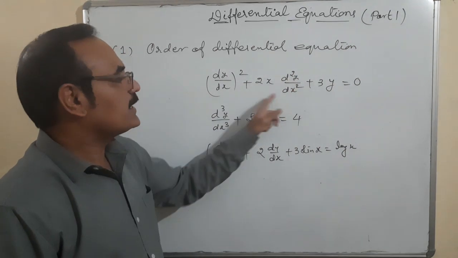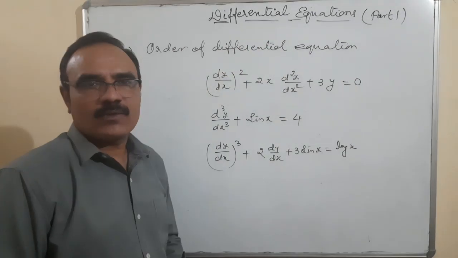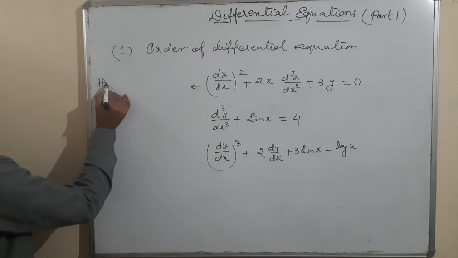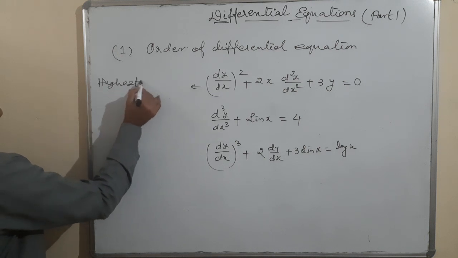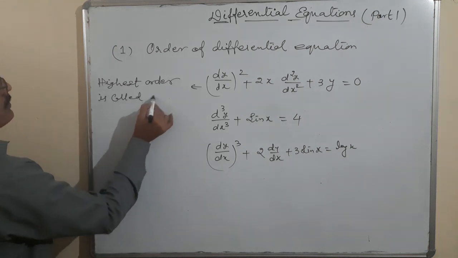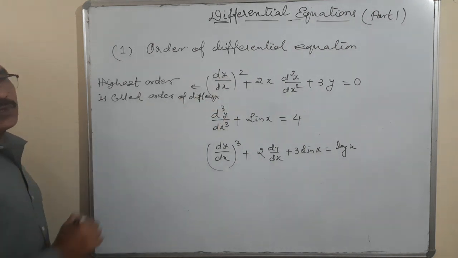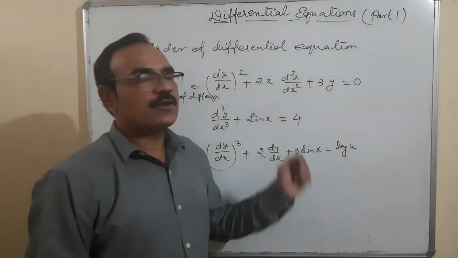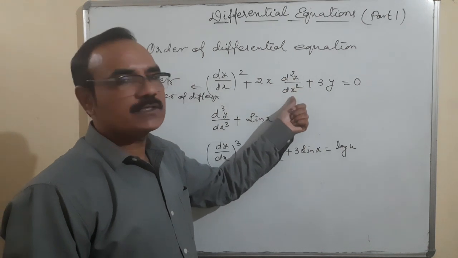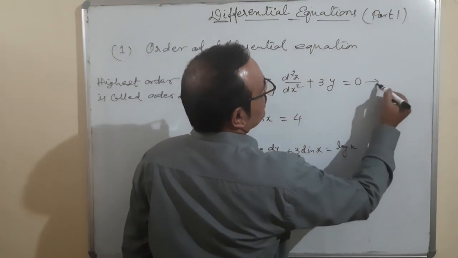So here the highest order is called the order of the differential equation. In this equation, you will check which is the highest order. dy by dx is first order, d square y by dx square is second order, so the order of this differential equation is 2.